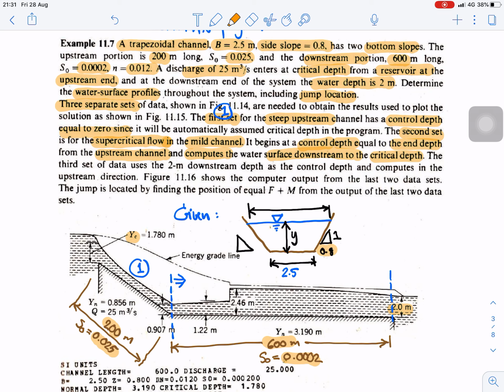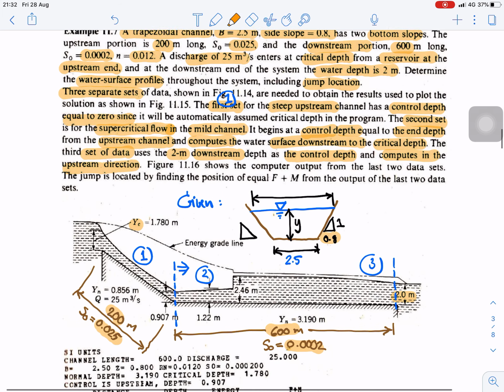So that is the second portion. The third set of data uses the 2 meter downstream depth as the control depth, starting from the 2 meter downstream depth and computing in the upstream direction.